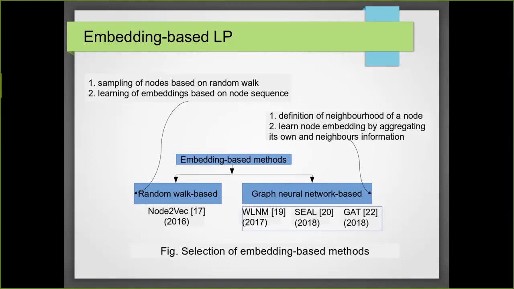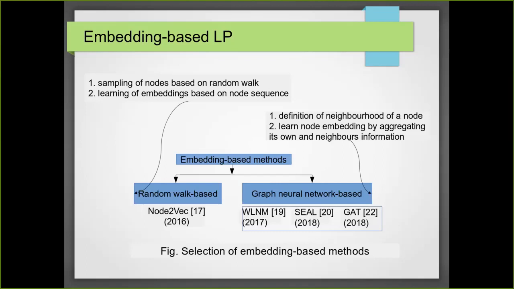Graph neural networks are just a variation of neural networks that can work on graphs. In a graph neural network, first of all, we need to define the neighborhood of a node and learn the node embeddings by aggregating its own information and neighborhood information.